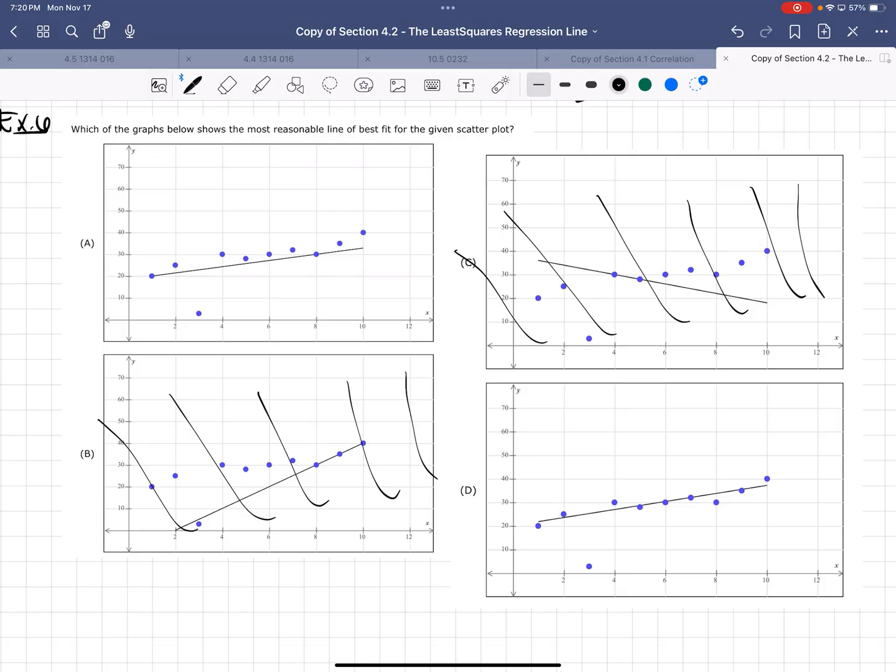It's about this distance. The distance from here looks about the same as the distance from there. So what we need to look at is which one has the most points on the line the closest. D. So your answer is D.